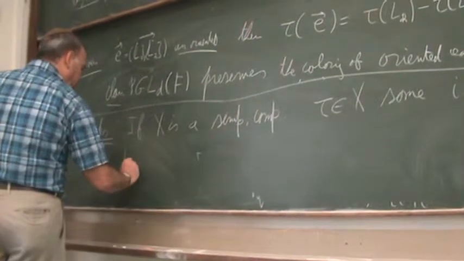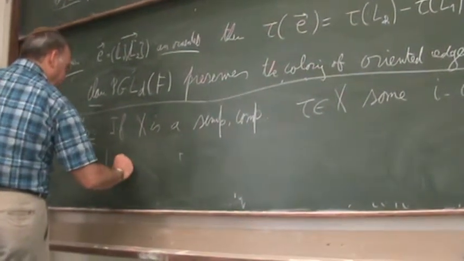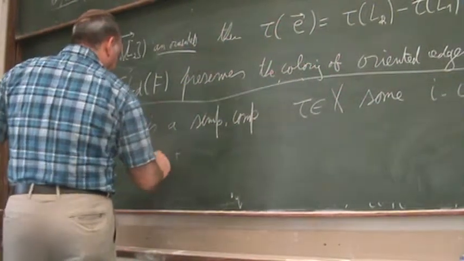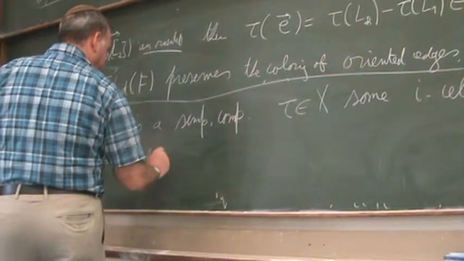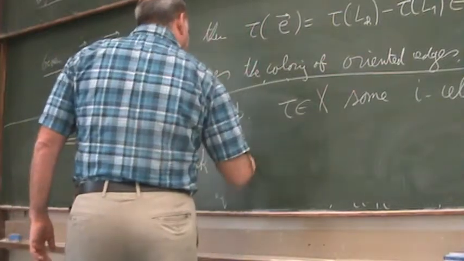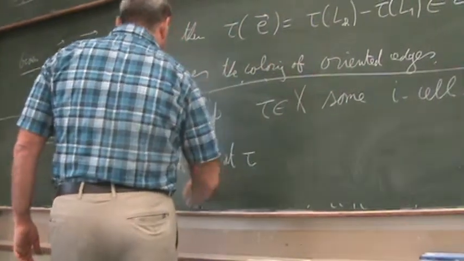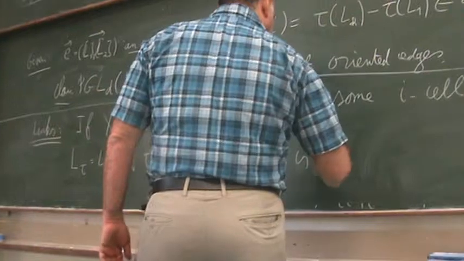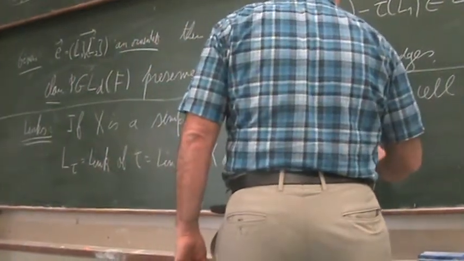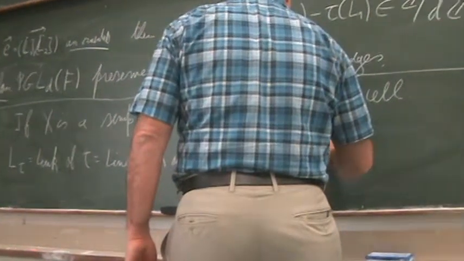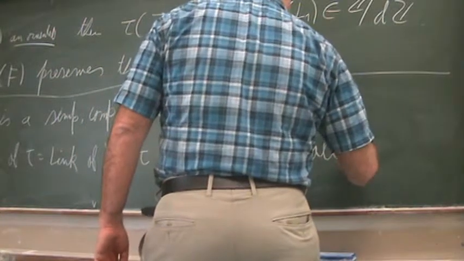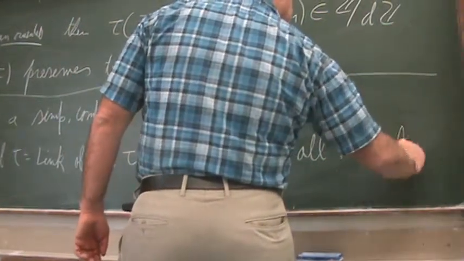The link of tau, or sometimes it's called the link of X at tau, formally is the set of all subsets.